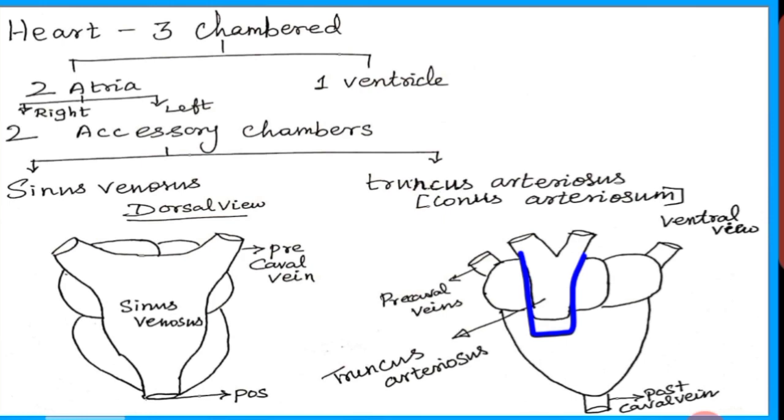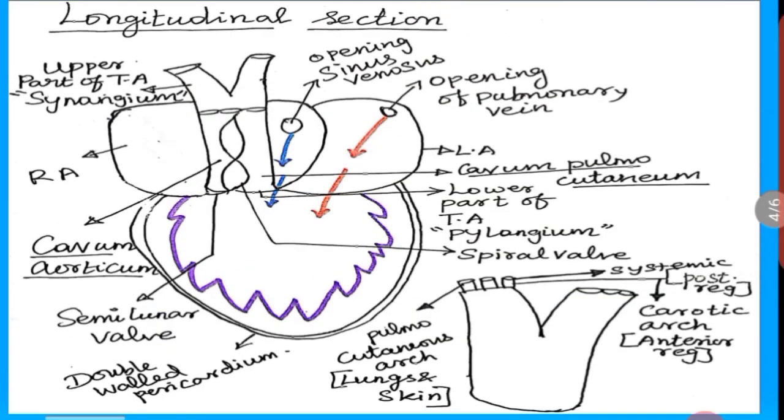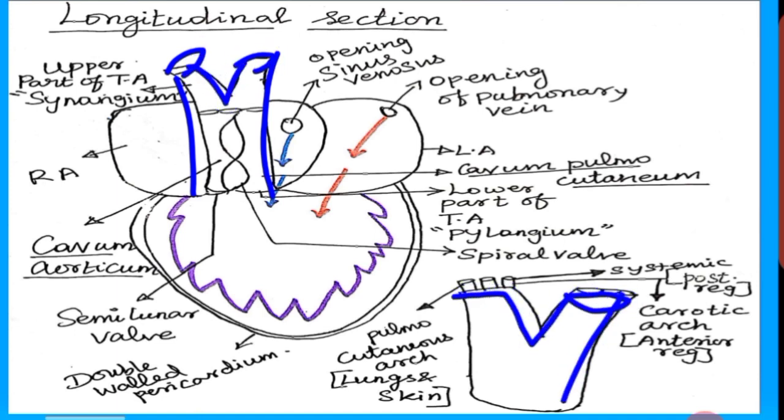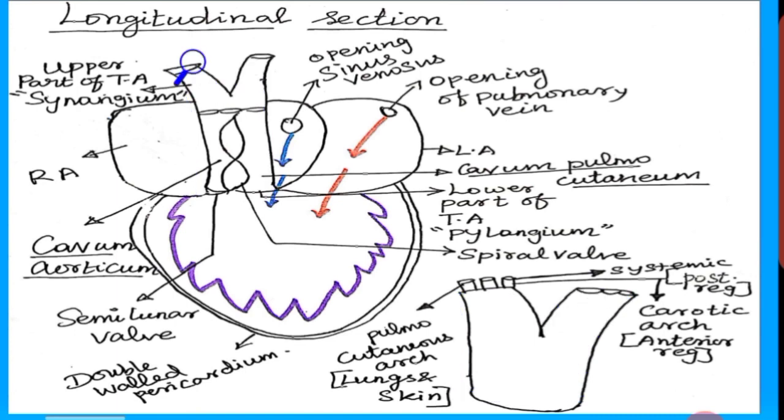It is divided into right and left. When we observe it, it is divided into right and left arcs. Right and left truncus arteriosus are again divided into 3 arcs.